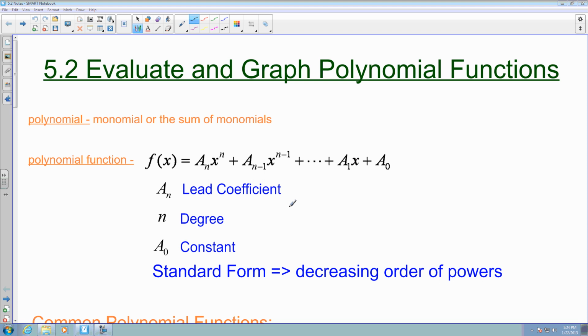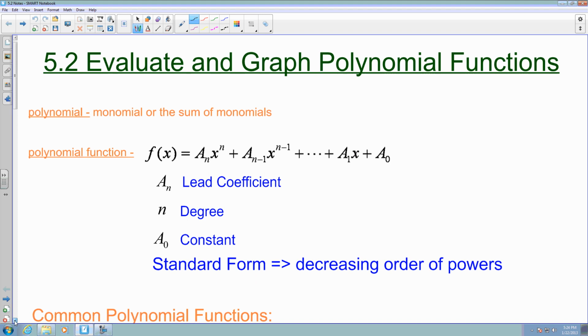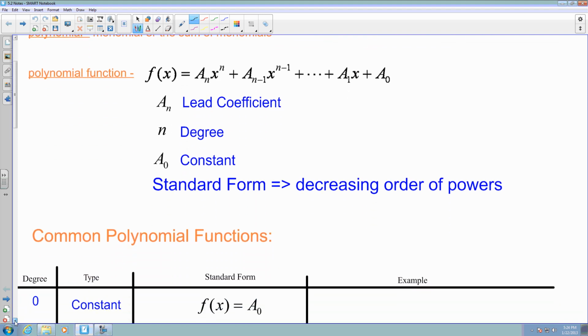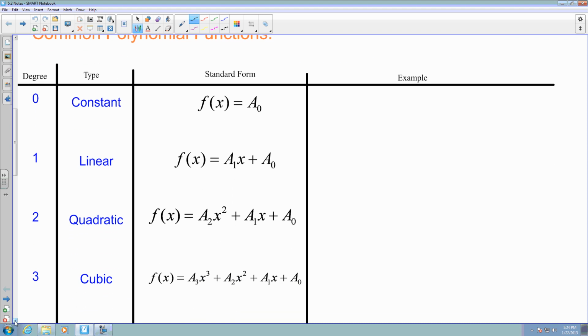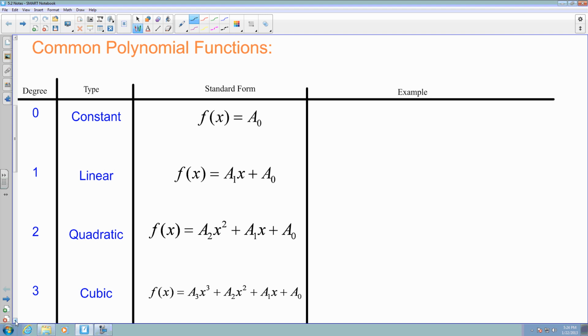So say if it was 5, it would intersect where y is 5. Some of this is a little bit of a review. These are the more common polynomial functions.